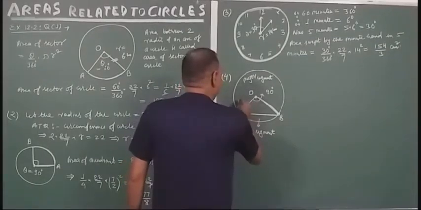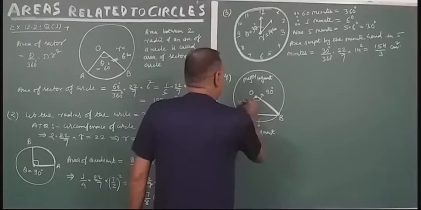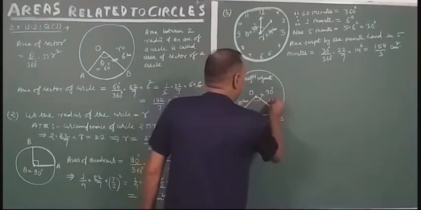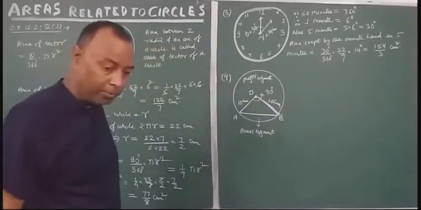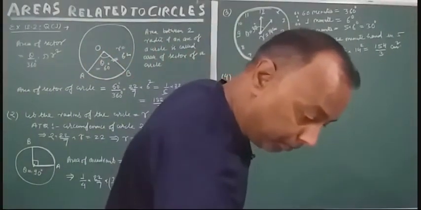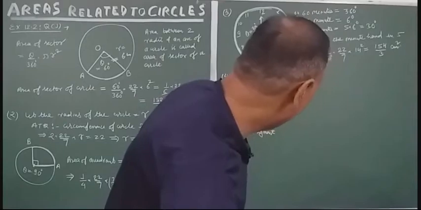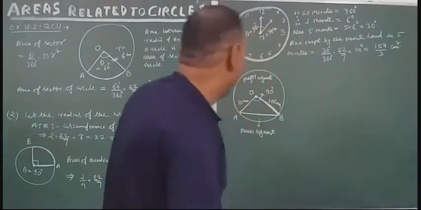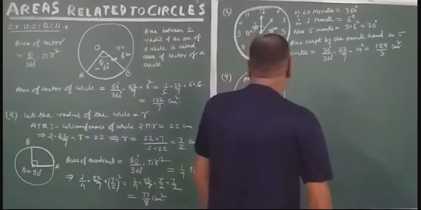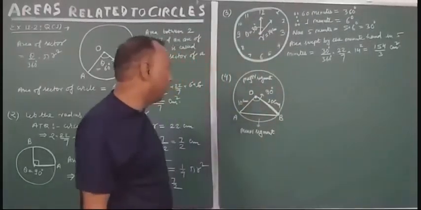This OA is given 10 centimeter and this OB is also given 10 centimeter. Okay. So we have to find the areas of these two segments. Now, just consider this triangle OAB.